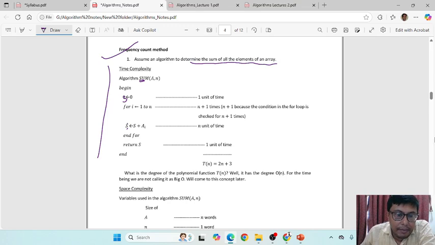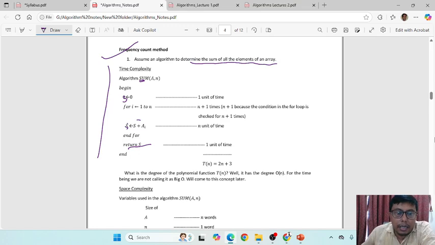So every time, the content of S is being added with an element of the list A, and this process will continue as long as there are elements to be considered. Once you traverse all the elements, we come out of the loop, and then you return S. This S will give you the cumulative sum of all the elements present in the list.